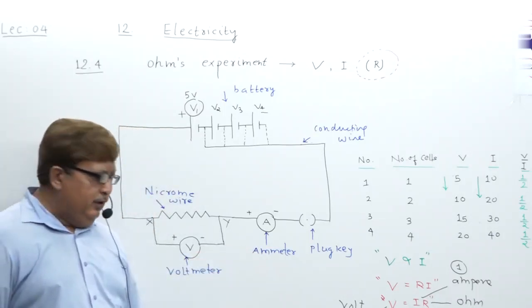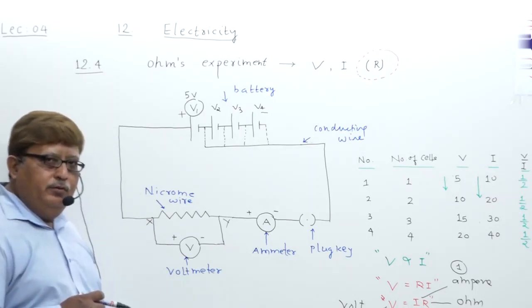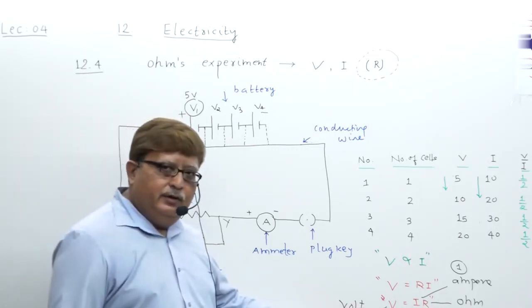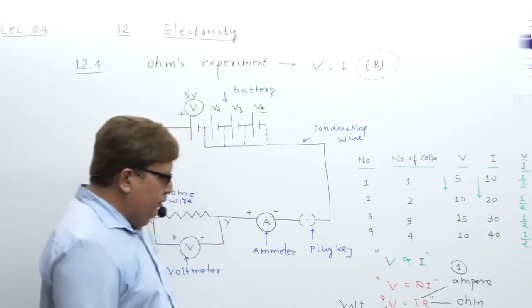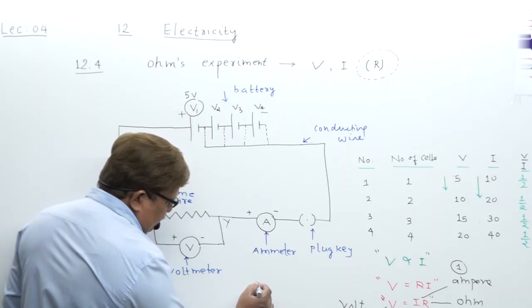We all know that V equals IR, that we all know. Understand? How can you define a 1 ohm resistor from here, my dear student?